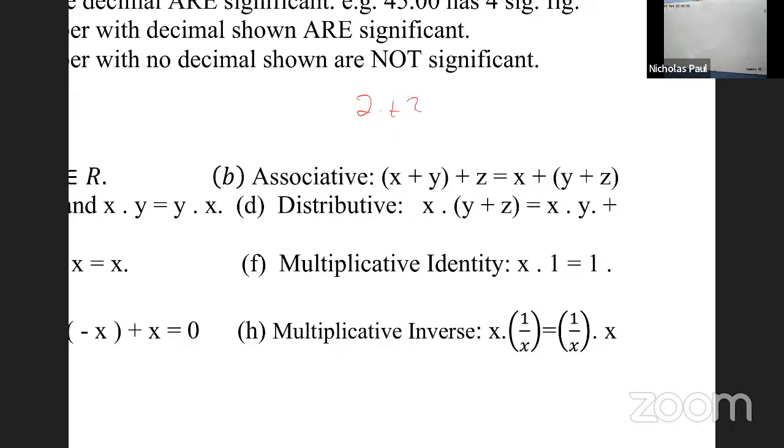So if you have 2 plus 3 plus 4, you can add here first or you can add here first. That's the associative rule.